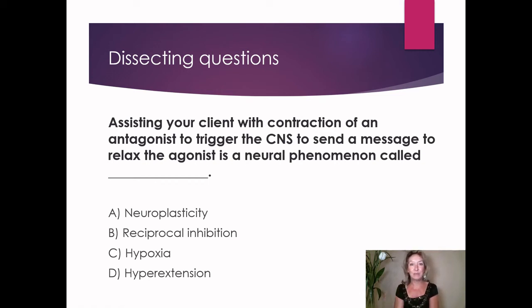We have 2 left. Assisting your client with the contraction of an antagonist to trigger the central nervous system, the CNS, to send a message to relax the agonist is a neural phenomenon called, all right, it's actually reciprocal inhibition.